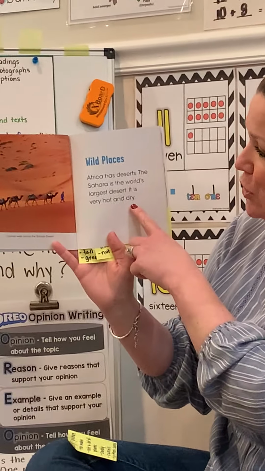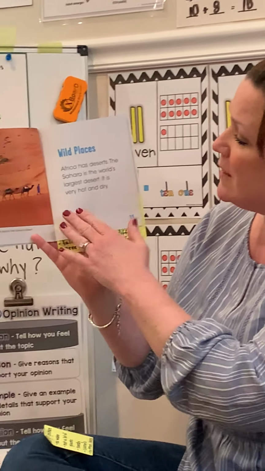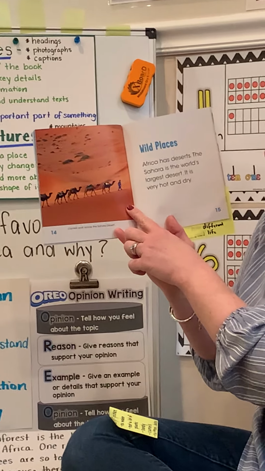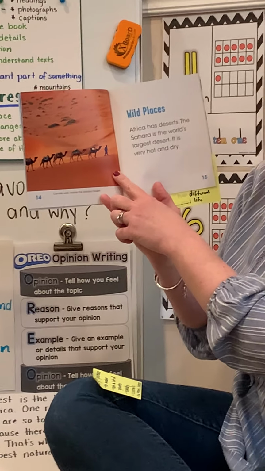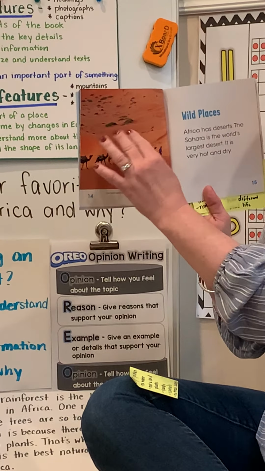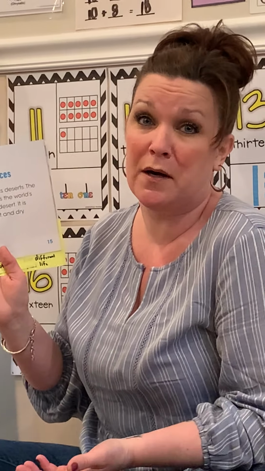Well, the word dry is in this text, friends, and it doesn't really explain what that means. But if I take a deeper look or a deeper exploration of the photograph and really think about the word dry, it'll help me understand it better. Look, friends, if you look closely at this picture, dry, there's no water in this picture. There's not a lot of plants. I see a few speckled in, but we know that plants need water to survive.